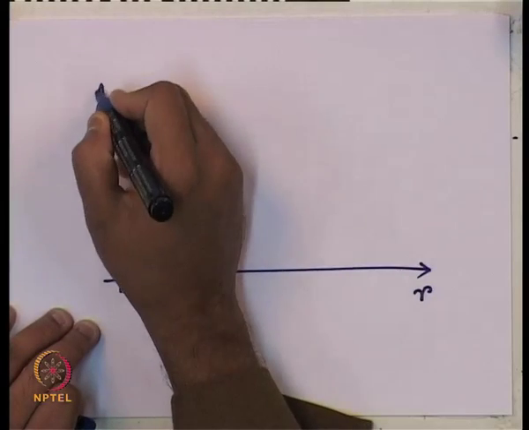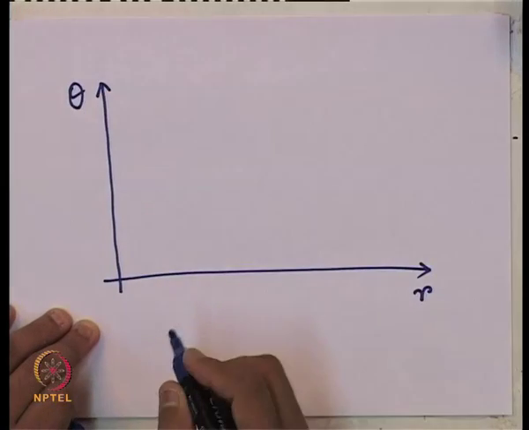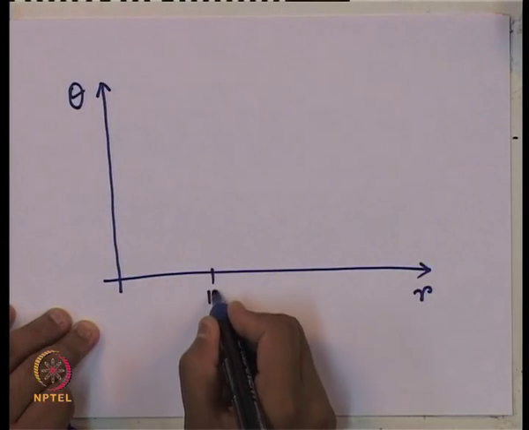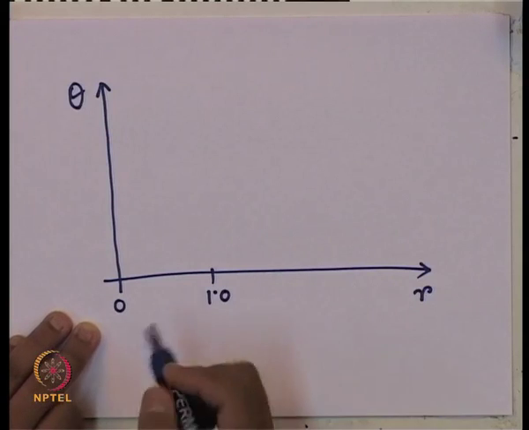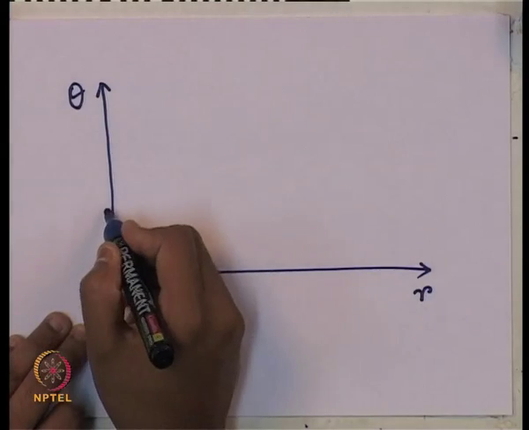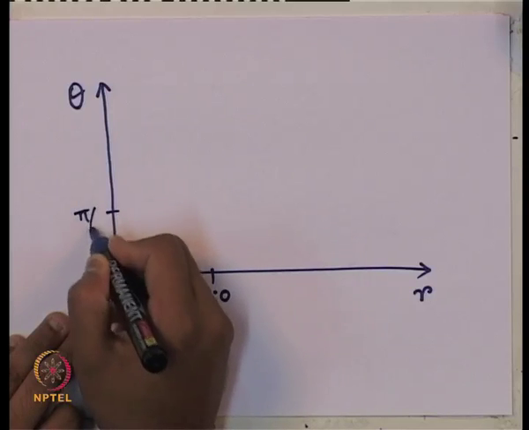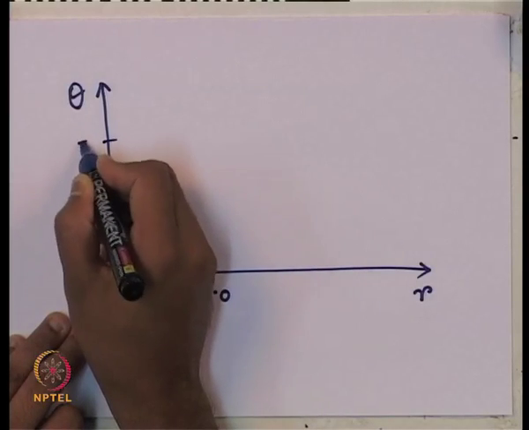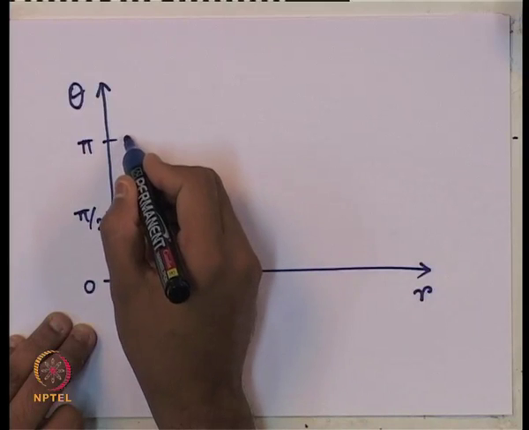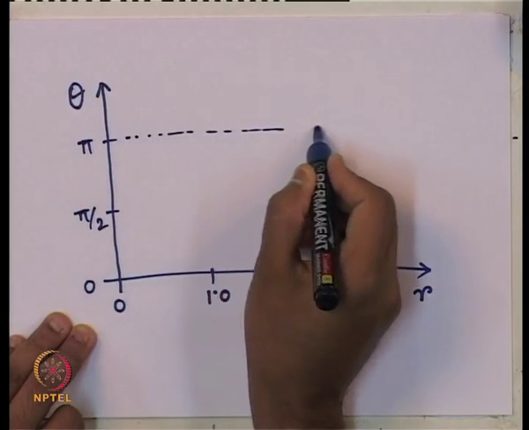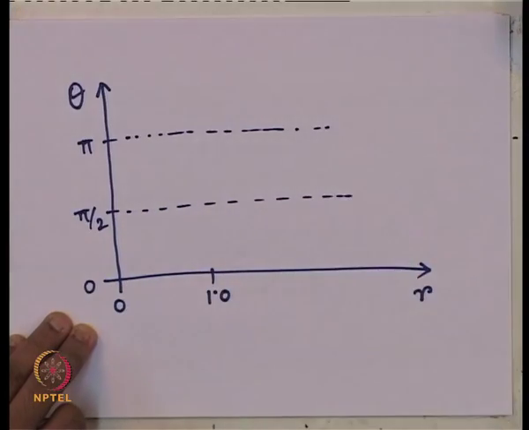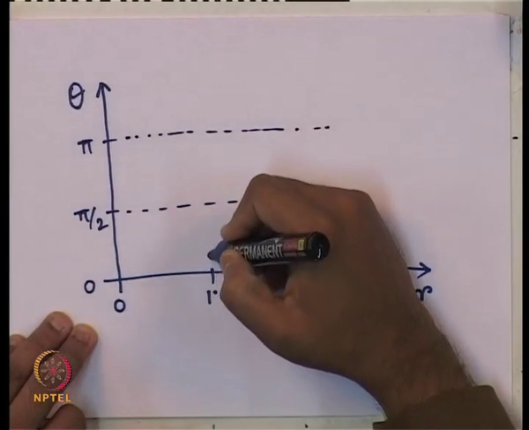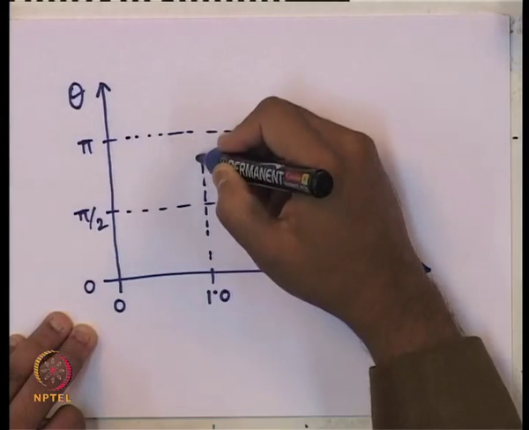So, r, this is theta, at r equals 1 we have some value r 0, theta varies between 0, then pi by 2 and pi. Let me draw some parallel lines first. So, it will be easy for us later on to draw different graphs.